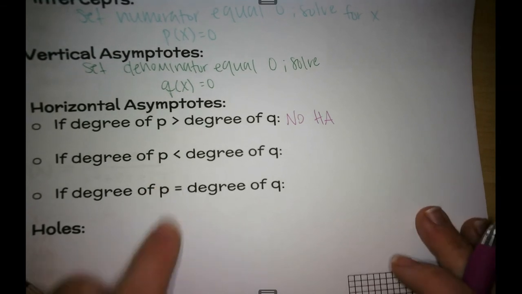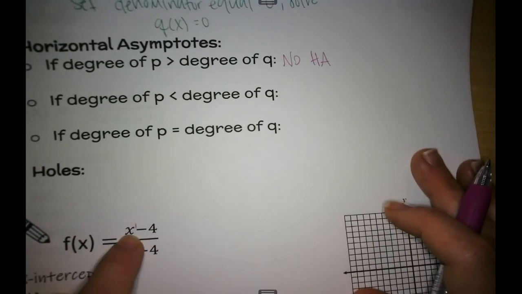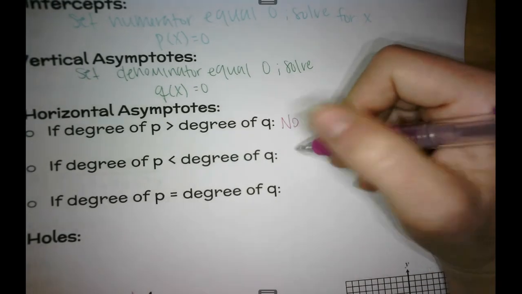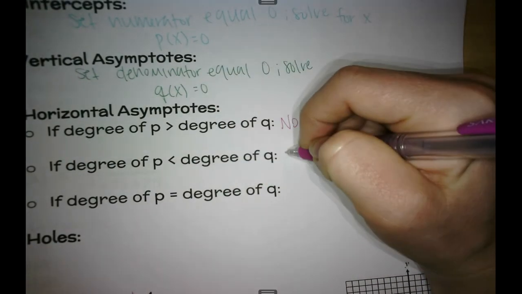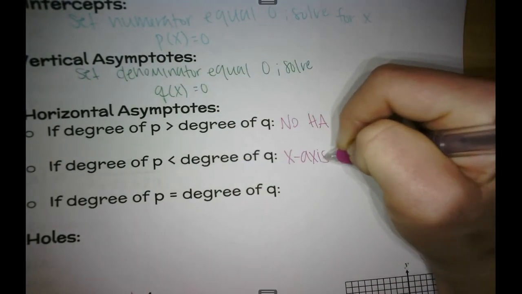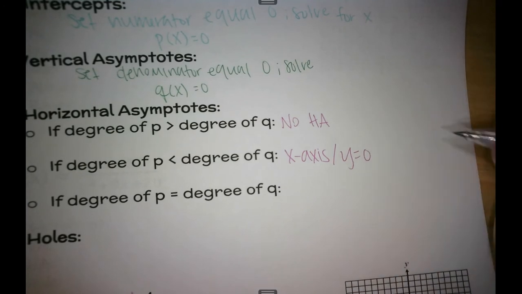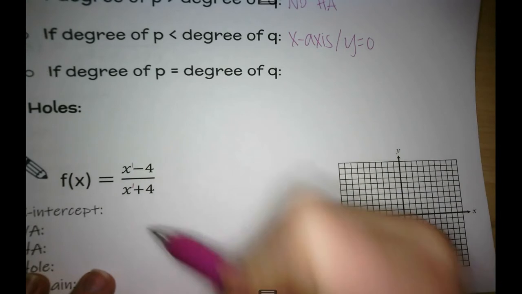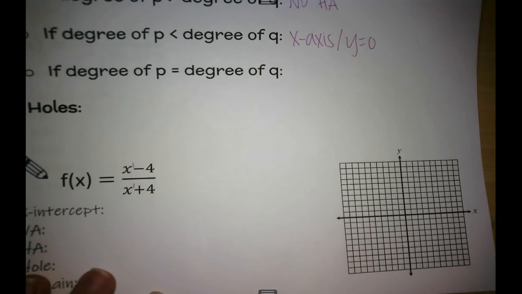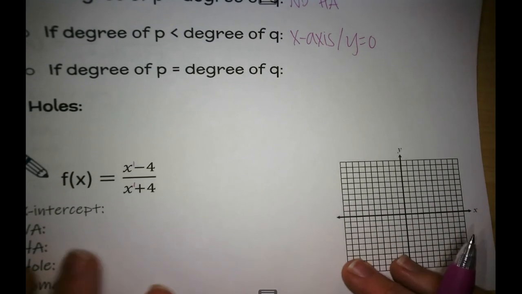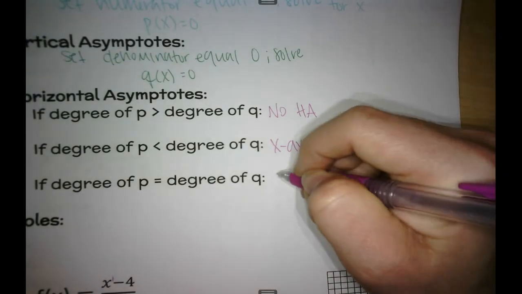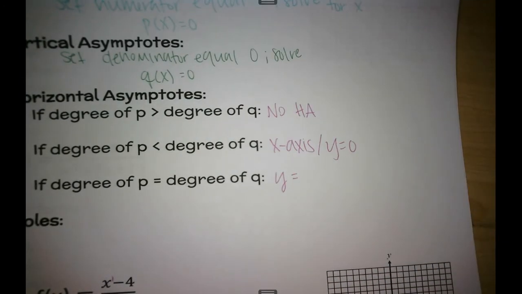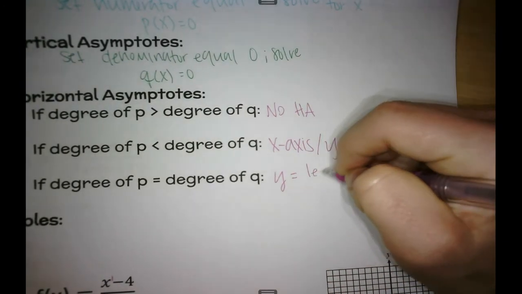If the degree of p is less than, so if that top number is smaller than that bottom number, then our horizontal asymptote is the x-axis, or where y equals 0. And if they're the exact same, like in this first example we have down here, they're both 1, then our horizontal asymptote is at y equals the leading coefficient.